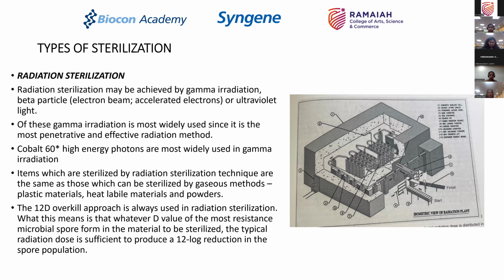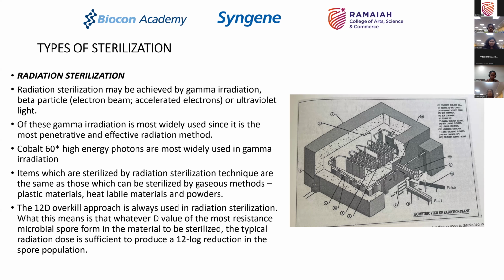So when we talk about radiation sterilization, we have multiple types of radiation available. We have gamma radiation, we have electron beam radiation or beta rays, and then we have ultraviolet light, which is used for the purpose of disinfection. As I said in the past, ultraviolet light is no longer considered a means of sterilization. It is only used as a means of disinfecting the surface, primarily because its penetration is pretty low.